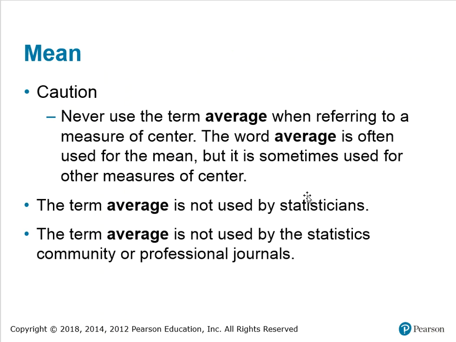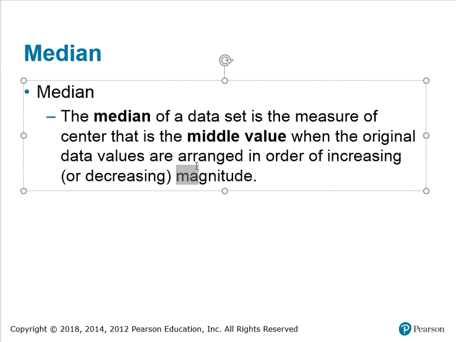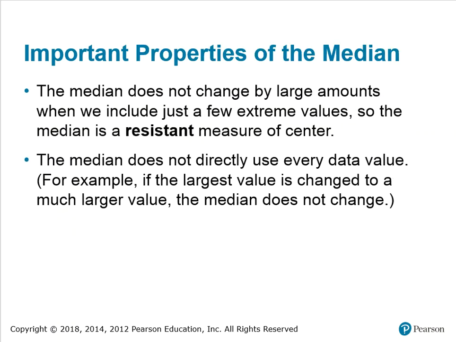So another one, and we've already talked about this part. I was ready to move on to median. The median is the middle number when you put them in order, and that's the important part, is they have to be arranged in order. The median is resistant to extreme values because it doesn't use all the numbers, it just uses the ones in the middle.